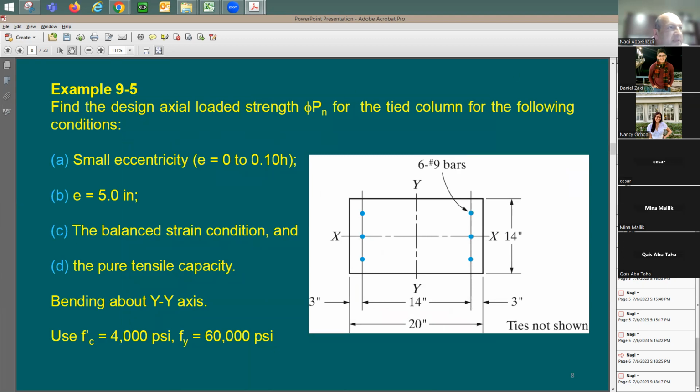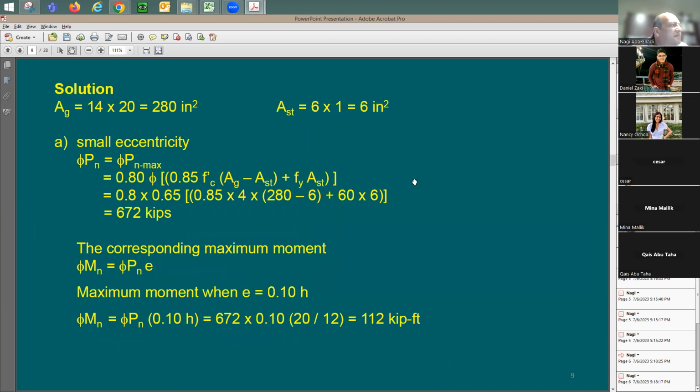We said that the important sections are going to be the small eccentricity, the balanced strain condition, and the pure tension. I know that I went through this, but I'd like just to review it quickly so that if you guys have any questions, please come with it. Just say it: small eccentricity, balanced section, C, and then pure tensile capacity, tensile strength.